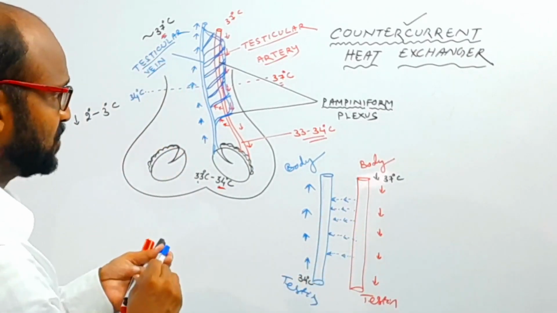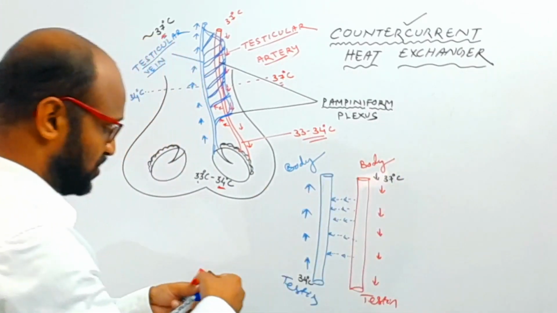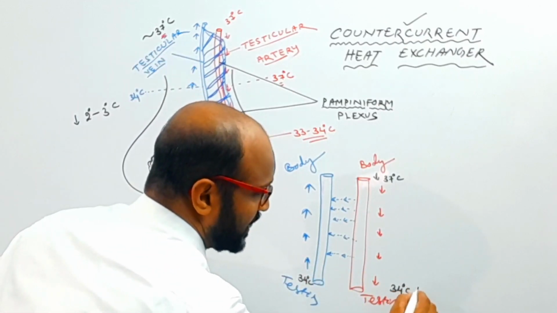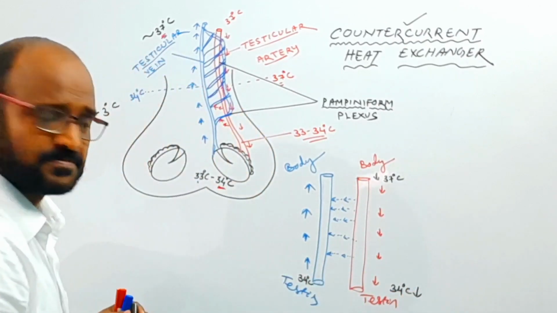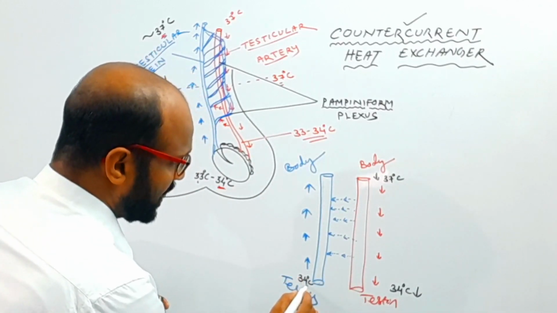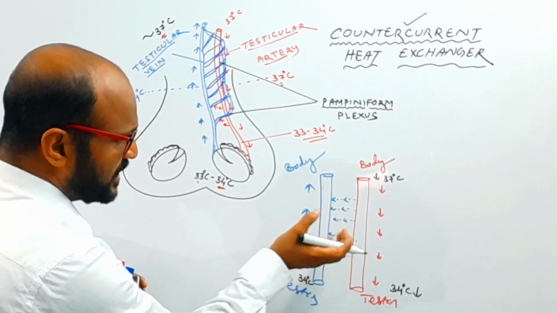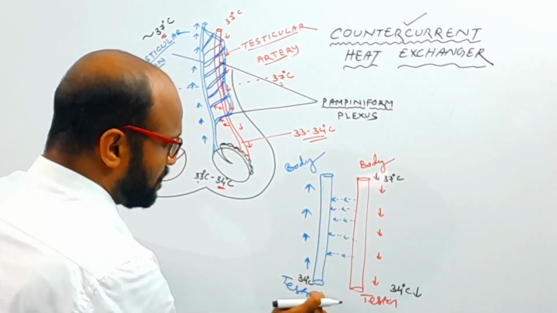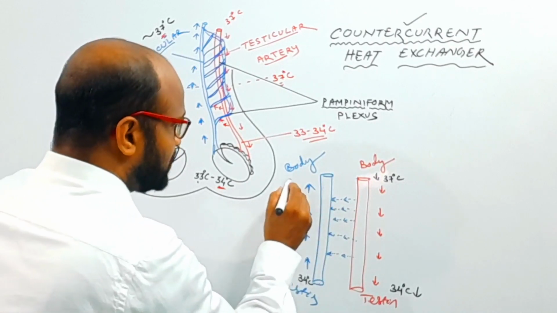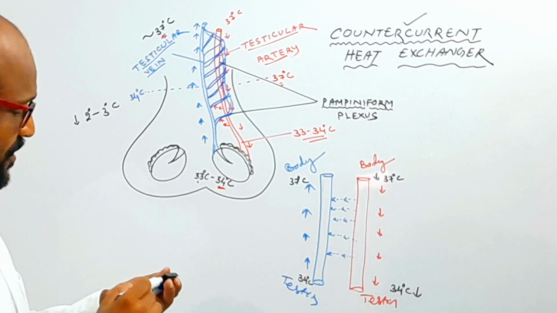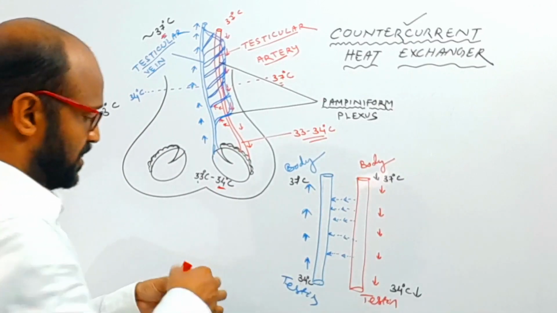That's why the 37 degree temperature is reduced to 34 degrees centigrade, and the 34 degrees centigrade, by absorbing temperature from the testicular artery, will increase to about 37 degrees centigrade.